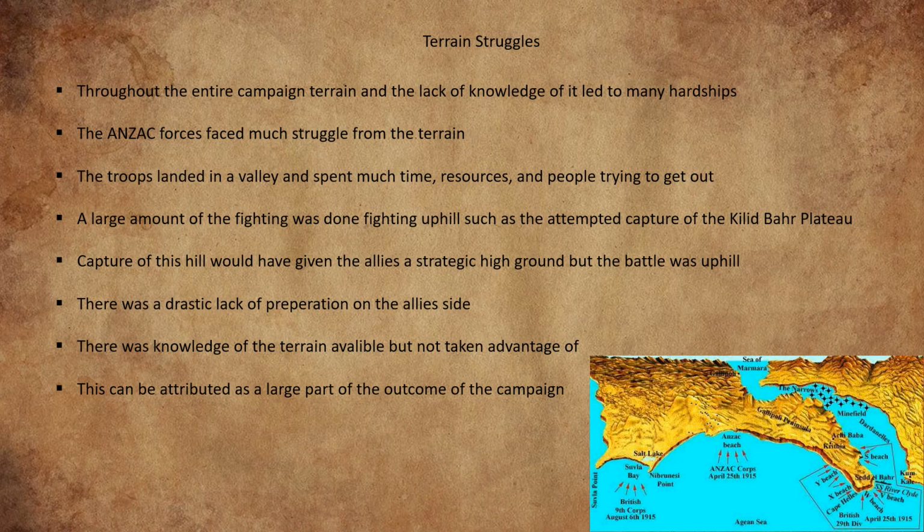This could be attributed as a large part of the outcome of the campaign. Obviously, when you're not prepared and then put the brunt of your forces into the heavily fortified locations instead of attacking the weak points, it's going to be a very tough battle, especially when you're uphill and the odds are not in your favor and it does not go very well.